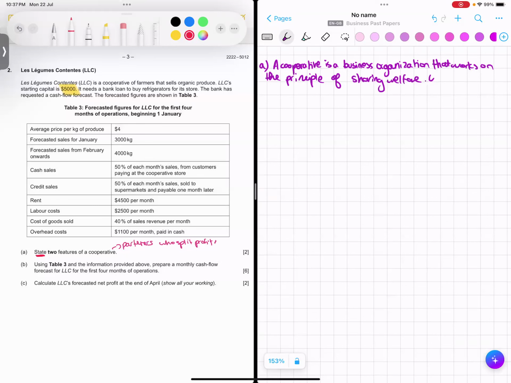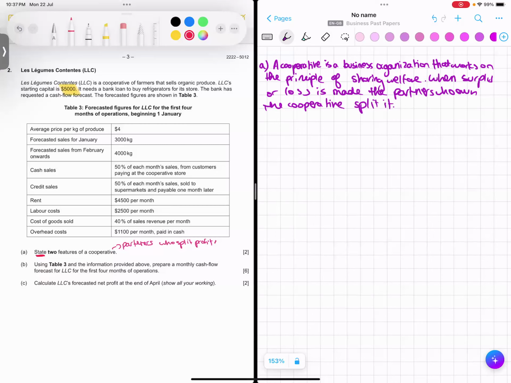Basically, when a surplus or loss is made, the partners who own the cooperative split it. That's the first feature.